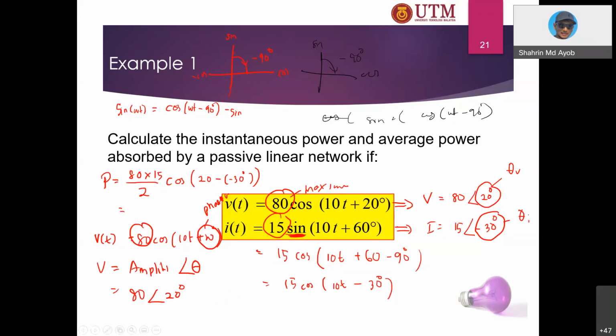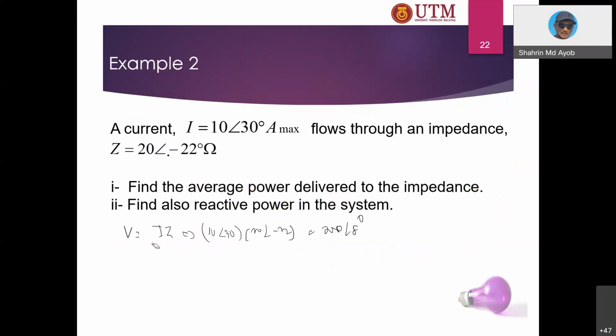For example, say my v(t) is 10 cos omega t plus 0 degrees, and my current is 5 sine omega t plus 50 degrees.